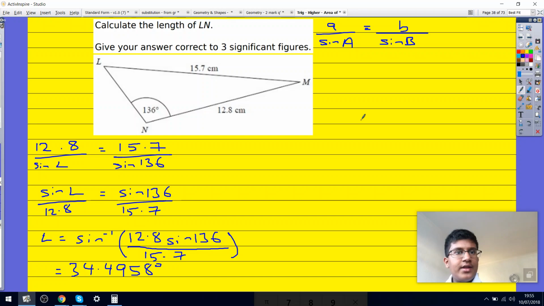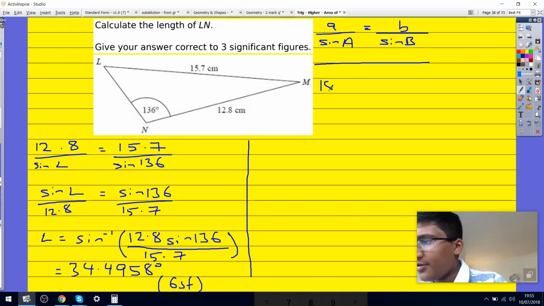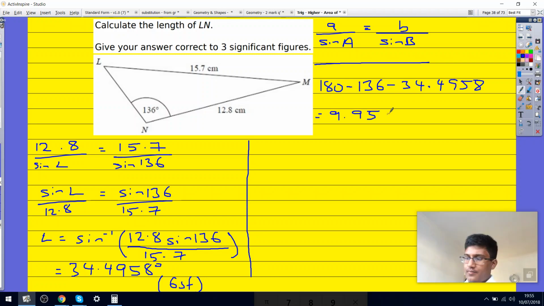So basically we have 180 minus, and then in brackets I'll put answer plus the other angle 136, and we get 9.504 degrees there.